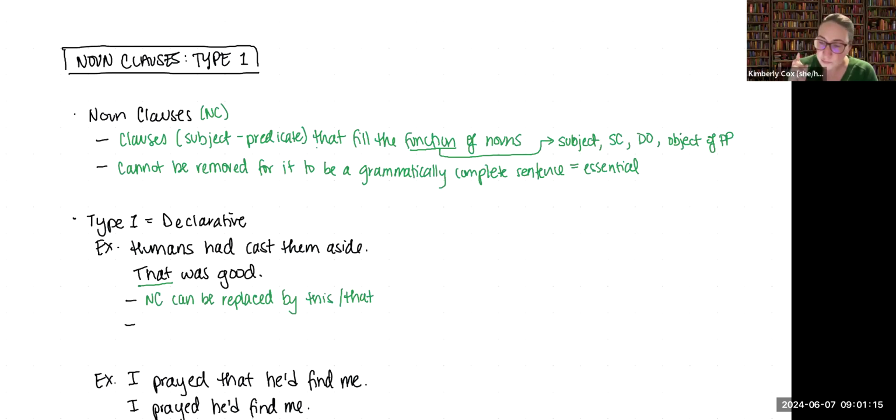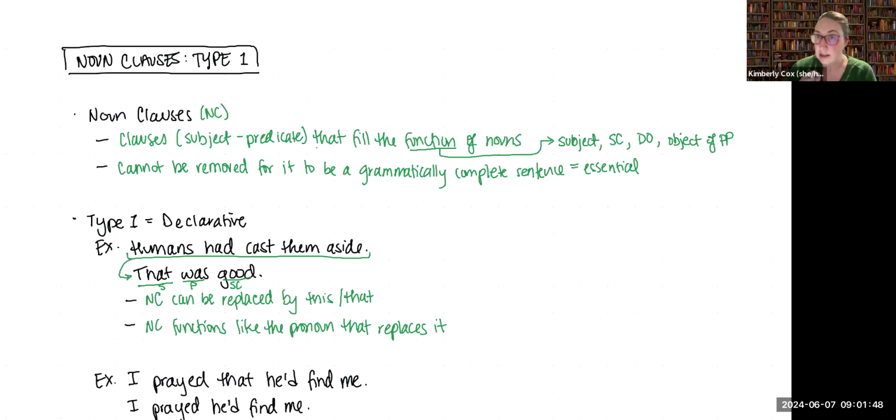Yet, the noun clause should function like the pronoun that replaces it, right? So here we have a subject, our predicate, and a subject complement. So if we have a noun clause, humans had cast them aside, we're going to say this is our noun clause, and it should replace that and function like the subject, right?